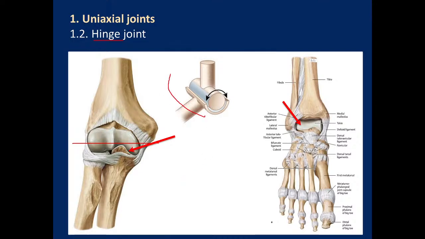Here is flexion and the opposite movement we call extension. An example of hinge joints is also the ankle joint and the interphalangeal joints between bones of the foot and hand fingers.